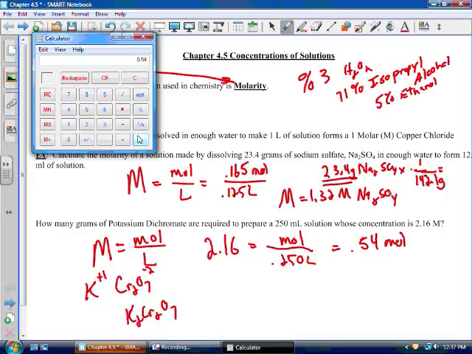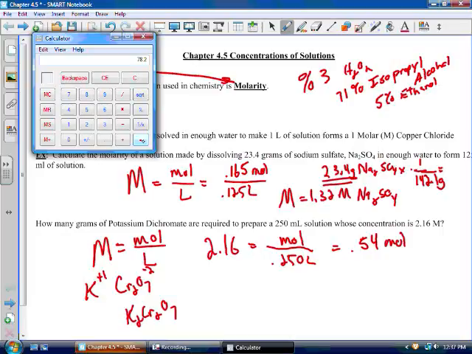Two potassiums, if I look at my periodic table, I see potassium is 39.1. So 39.1 times 2 equals 78.2, plus 2 chromiums.